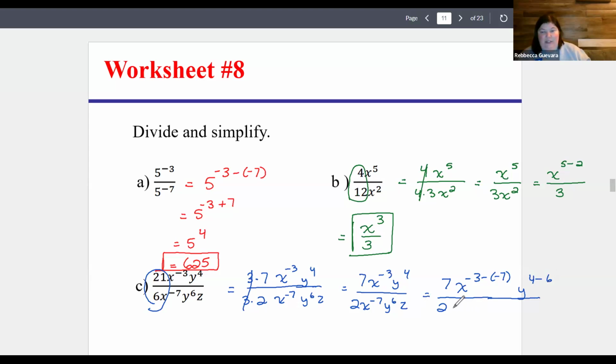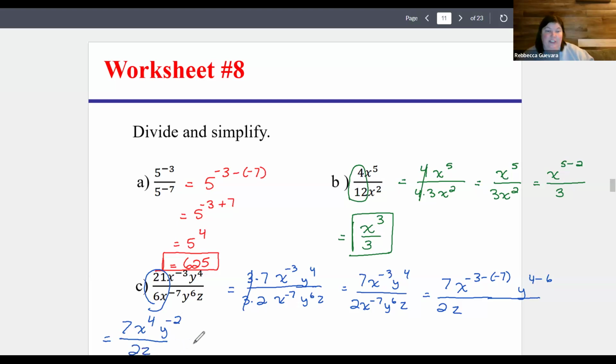And then we just have z down here, and I can't do anything with z. Z doesn't have a friend, so z stays by itself. So from up here, negative 3 minus negative 7 is actually just going to be 4, so this x to the negative 3 minus negative 7 is just x to the 4th. We got y to the 4 minus 6. This is just going to be y to the negative 2.